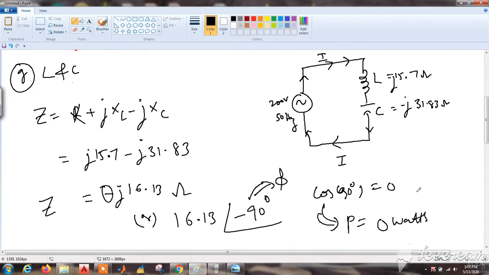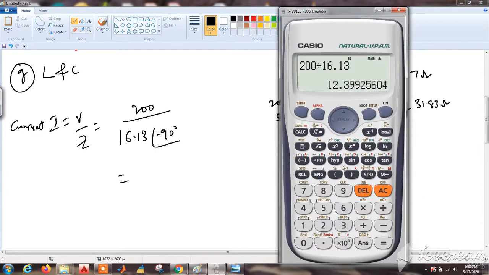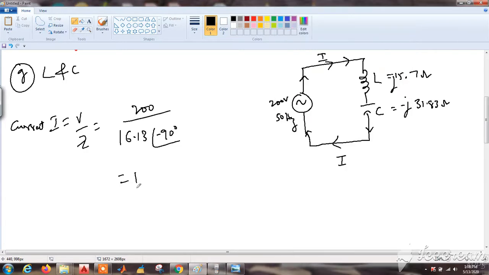Let us calculate the current. Current is V by Z. We are getting 200 by 16.13 as 12.39 amperes at an angle of plus 90 degrees, because 0 minus minus 90 degrees, minus minus becomes plus, so 0 plus 90 degrees is 90 degrees.